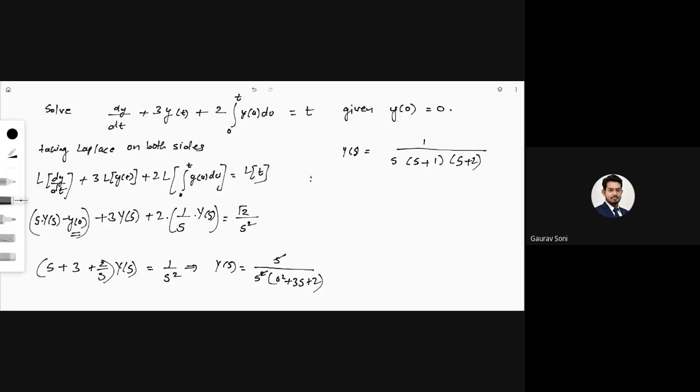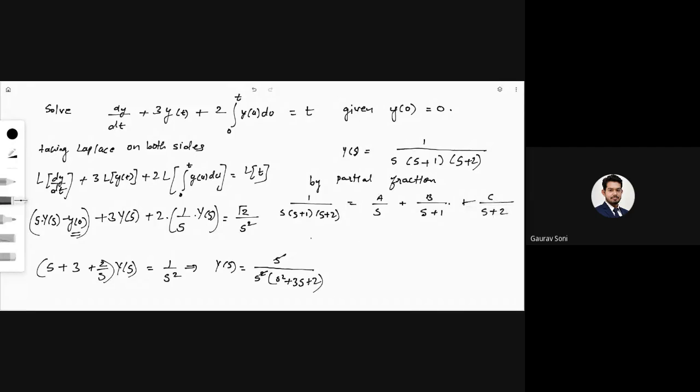So by partial fraction, we'll write 1 upon s, s plus 1, s plus 2 as a upon s plus b upon s plus 1 plus c upon s plus 2.